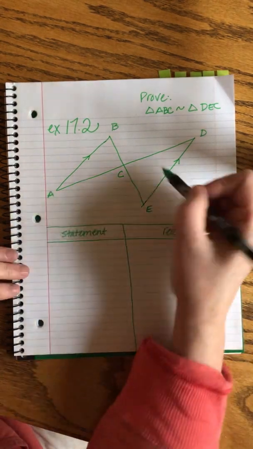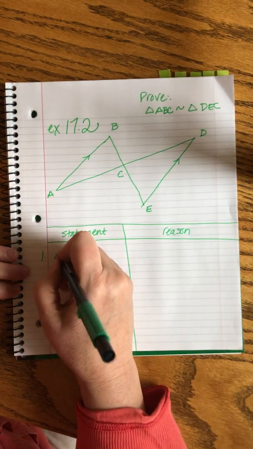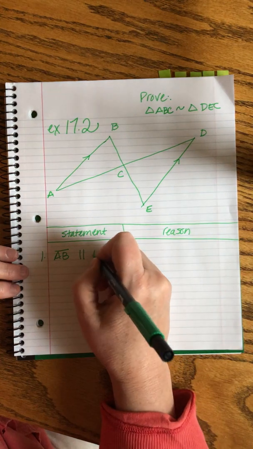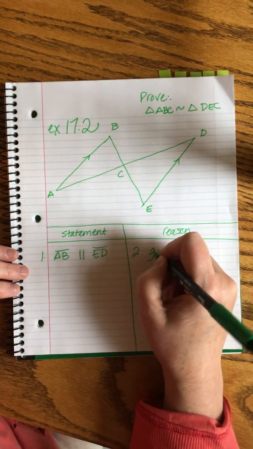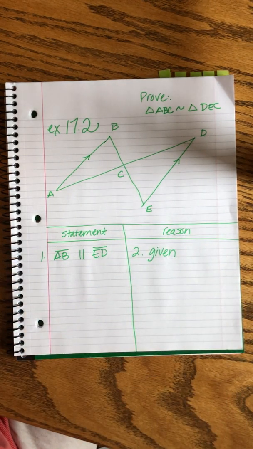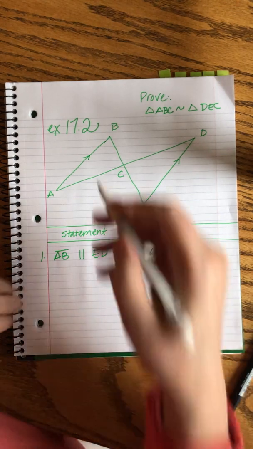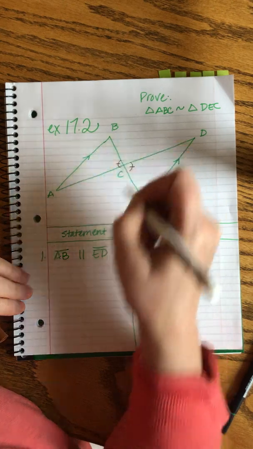All right, we know, because of these arrowheads, we know that AB is parallel to ED. And that is given. All right, what else do we know? Well, last time we talked about the congruency of vertical angles, right? So let's get that one on the list.